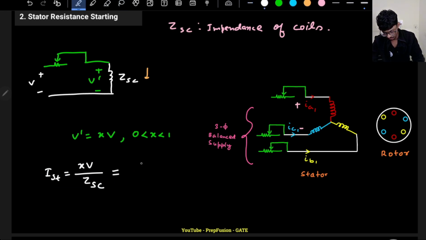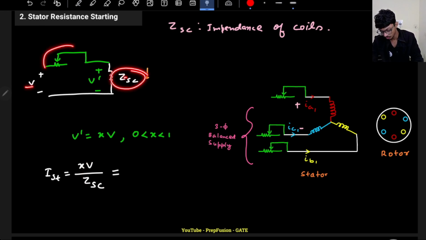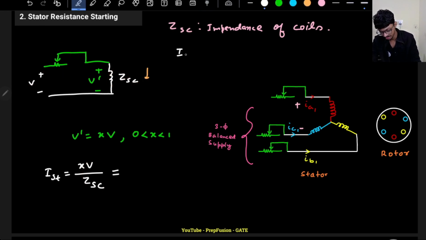X is some ratio. V upon ZSC was the starting current when there was no resistance connected.